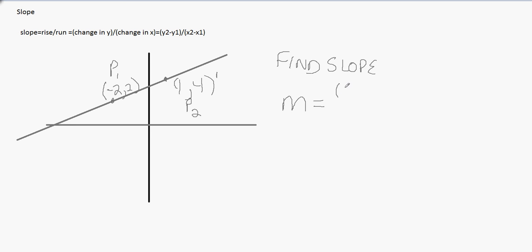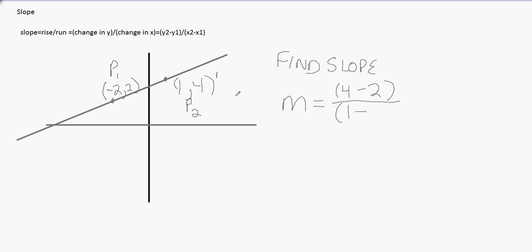The difference in y's is going to be 4 minus 2. So going from here to here, we've gone up 2 units. The change in x is going to be, now because I started with this point's y, downstairs I have to start with this point's x.